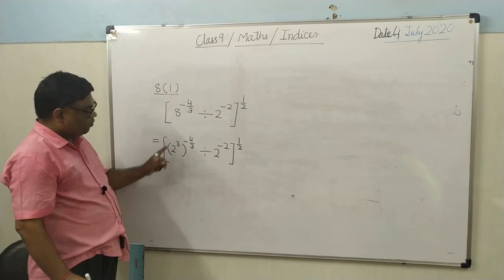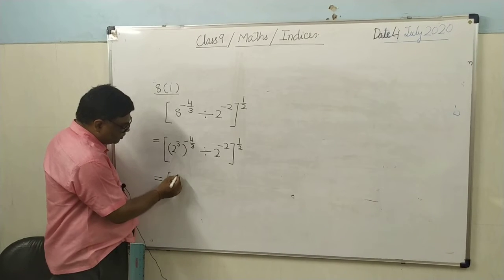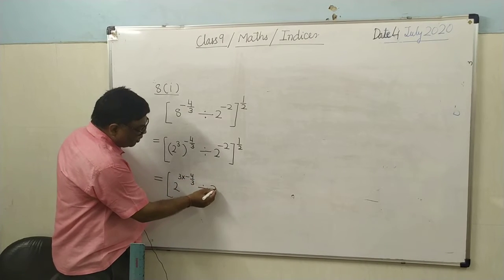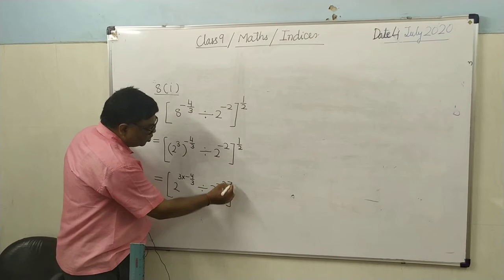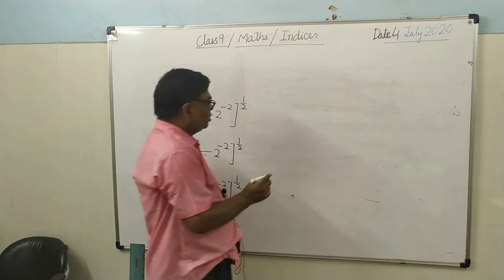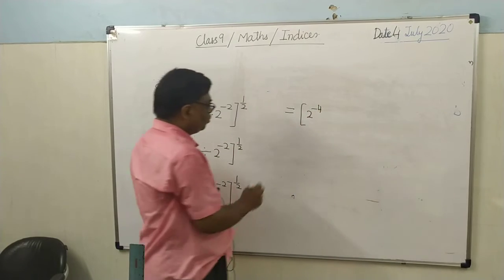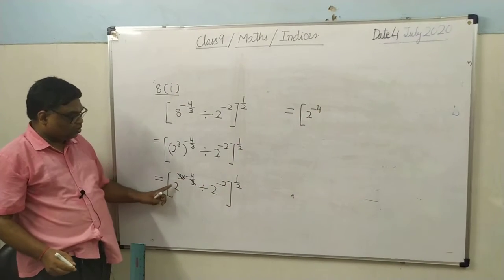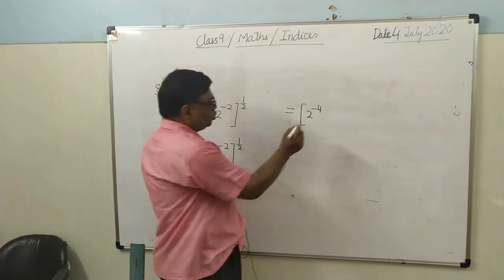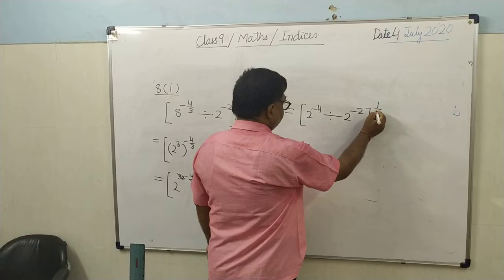Now see here, when powers multiply, 3 and 3 will be cancelled. So you can write further 2 to the power minus 4. You can see here what is left behind: 2 to the power minus 4 divided by 2 to the power minus 2 whole to the power 1 by 2.